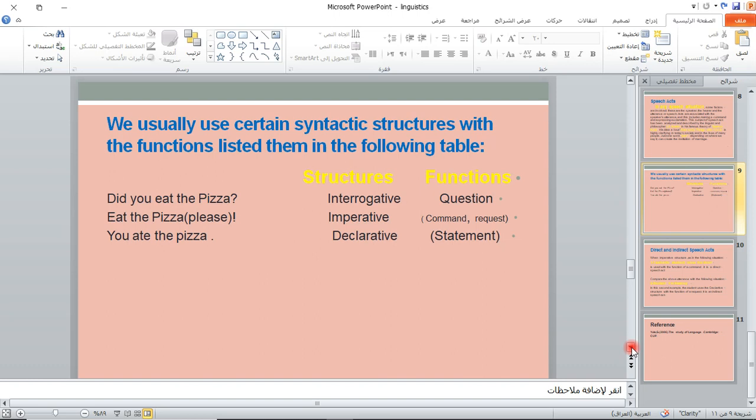Because sometimes the structure of an interrogative sentence is used to express a command, a statement, or a question. Imperative can express a question, a command, or a statement. Declarative can express a question, a command, or a statement.